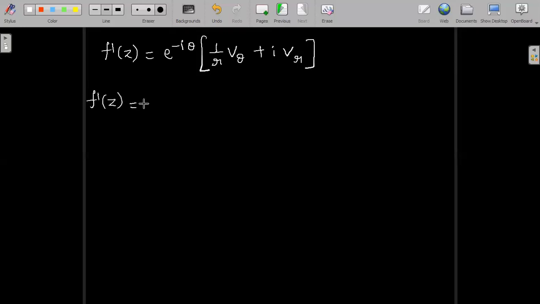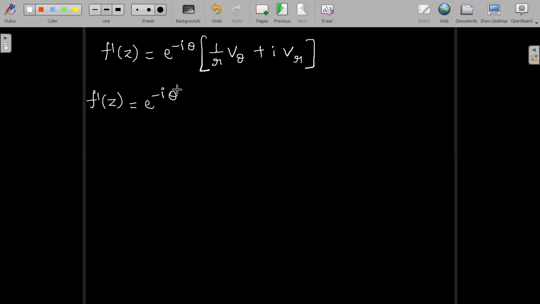So this gives us f dash of z is equal to e power minus i theta into (1 by r v theta plus i into vr). Now we know both vr and v theta to substitute. So let us substitute both the derivatives we already obtained.